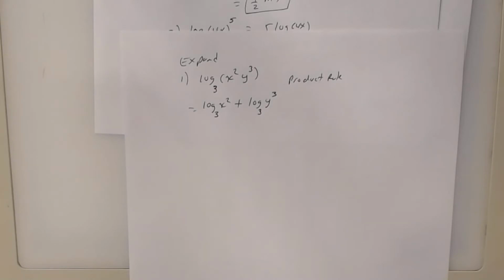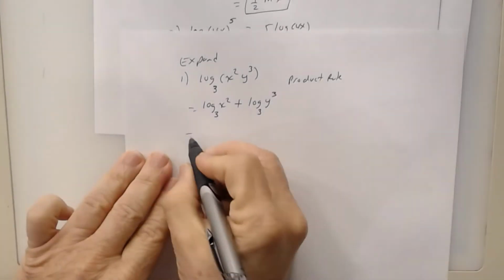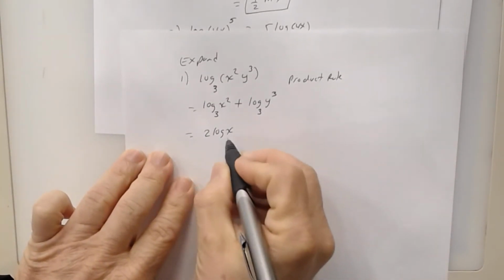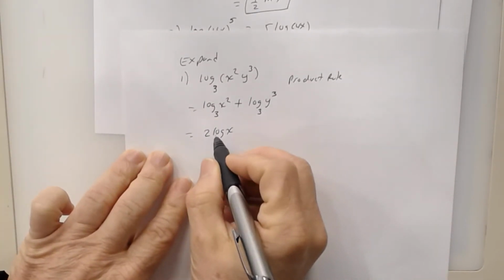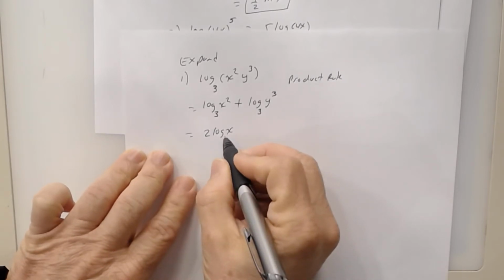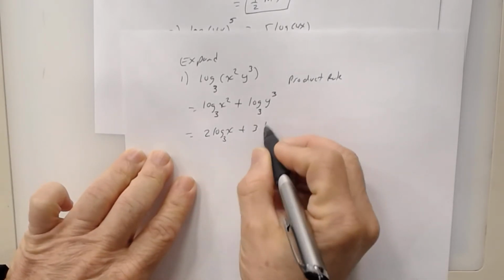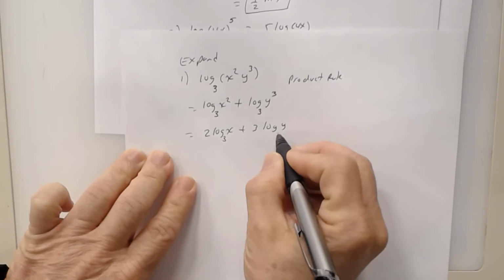Now, look at what you have. Can I do anything else? Yes. Move powers to the front. What rule? Power rule. So therefore, I get 2 log of x base 3 plus 3 log of y base 3.